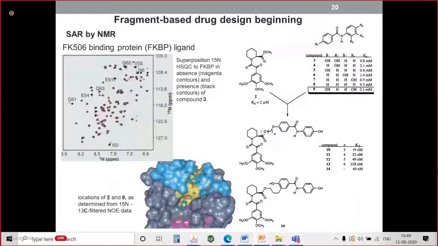So different connections were tried here, varying the carbon linker, where the number of carbons between these two molecules varied from 3, 4, 5, 6, or other options were also tried. So it shows that the optimized structure 10 has a 19 nanomolar Kd value, or activity.